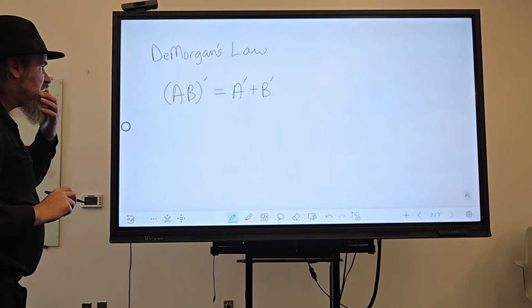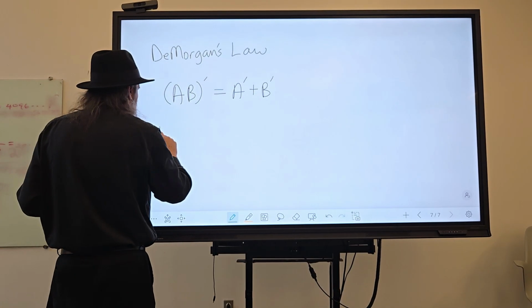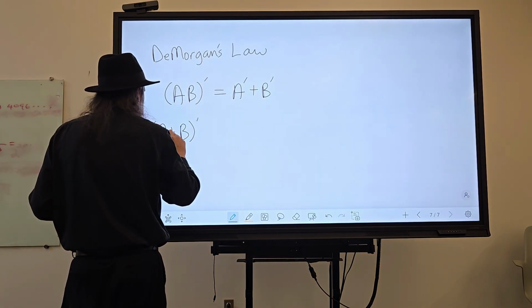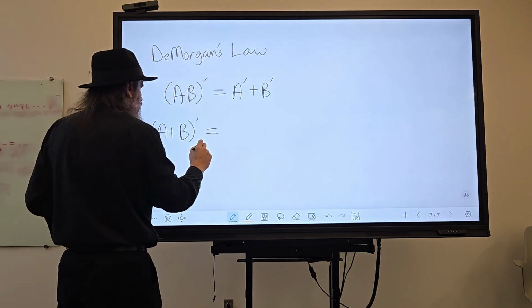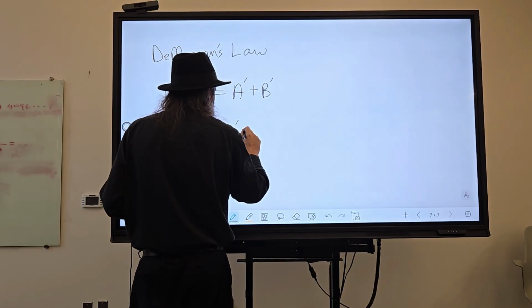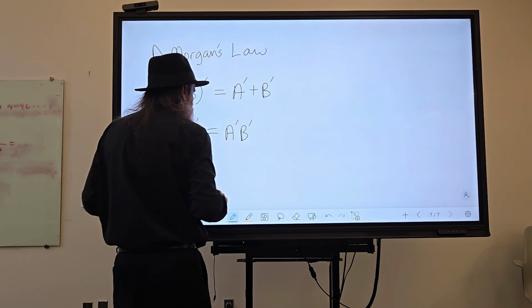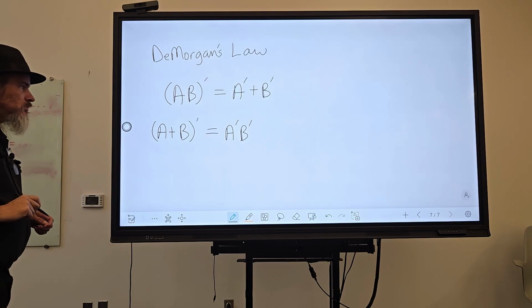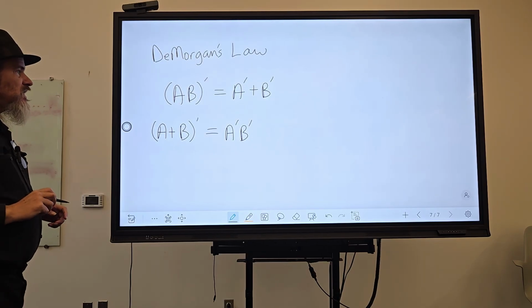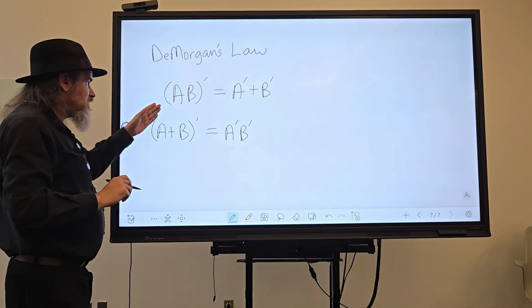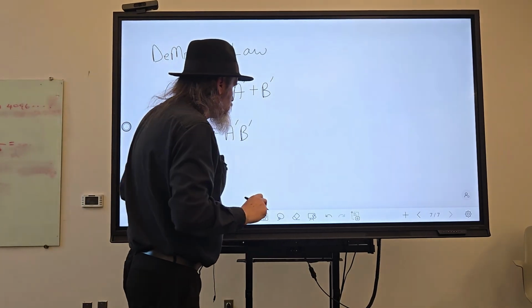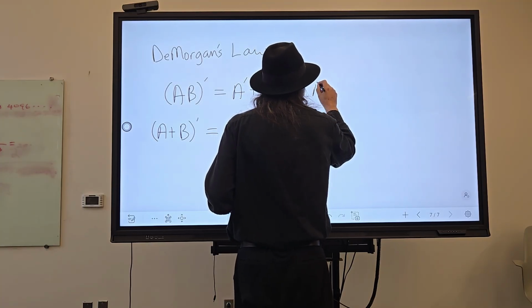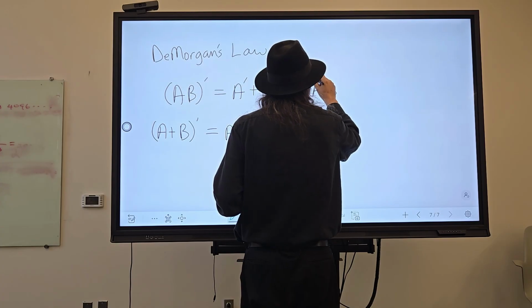And A plus B prime equals A prime B prime. Written with the bars instead of the apostrophes, that's A, B.